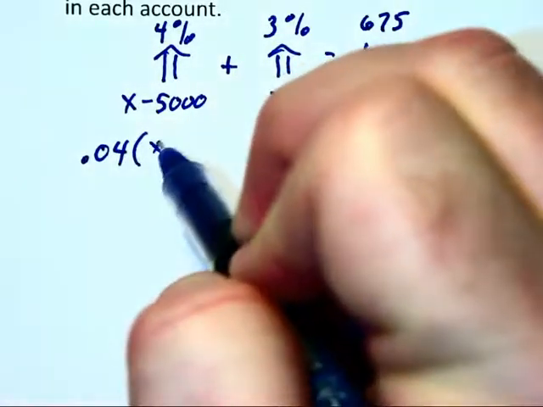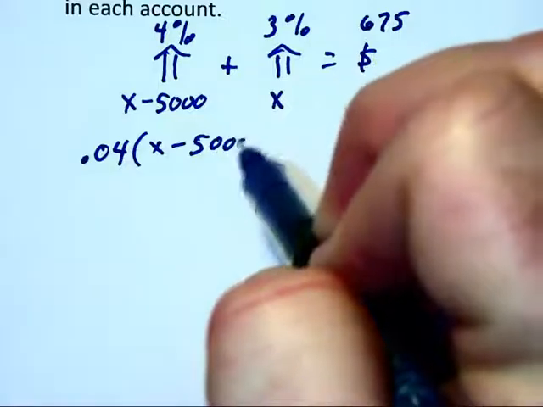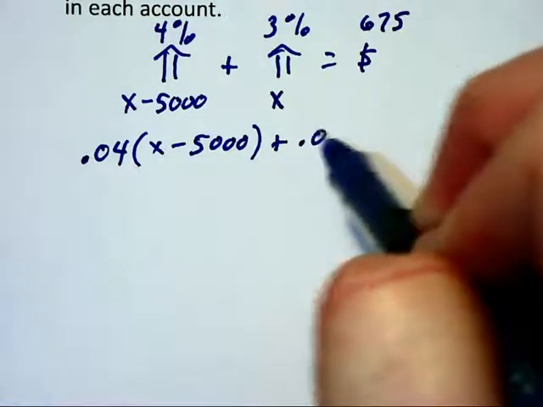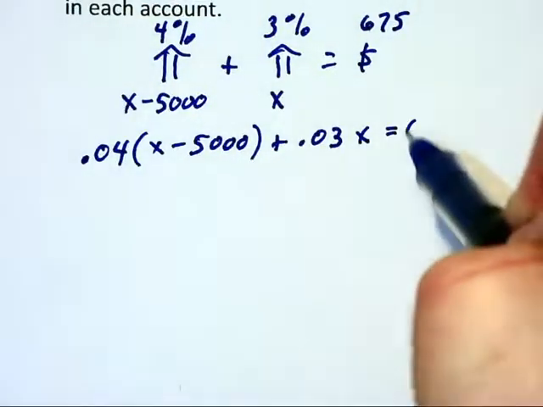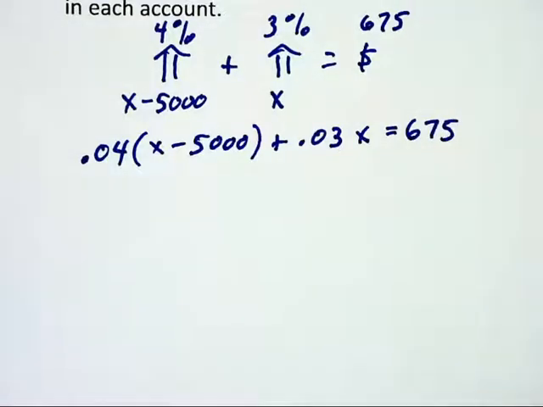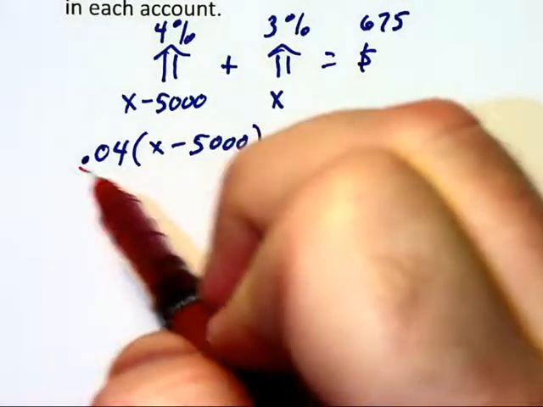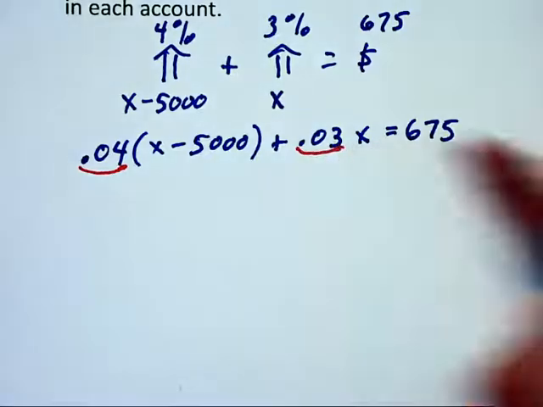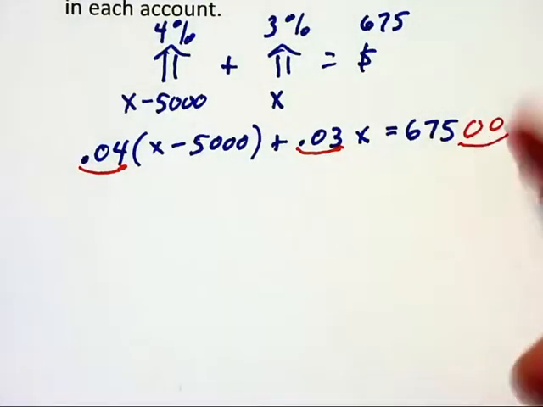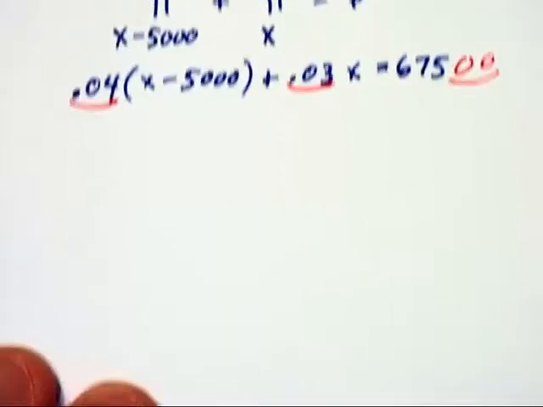0.04 times (x minus 5,000) plus 0.03x equals 675. Now I'm going to multiply through by 100 right off the bat and put two zeros at the end after the 675.